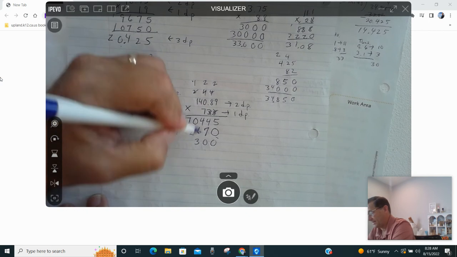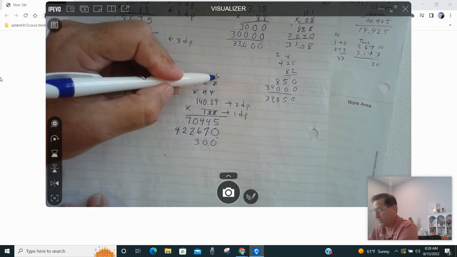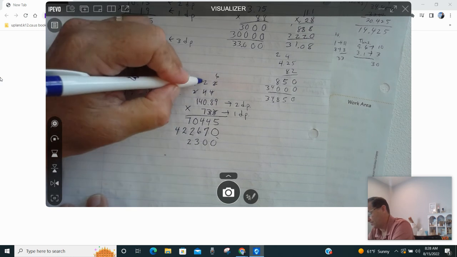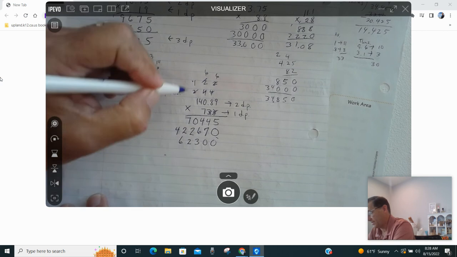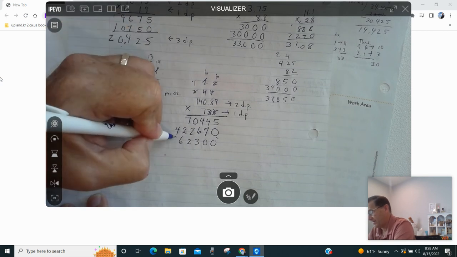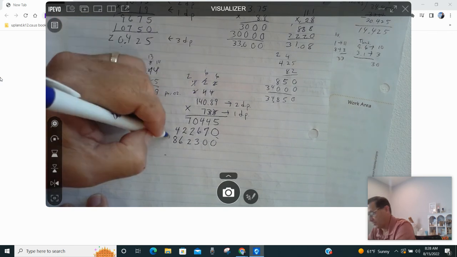7 times 9 is 63. 7 times 8 is 56, plus the 6 regrouped is 62. 7 times 0 is 0, plus the 6 regrouped, 6. 7 times 4 is 28. 7 times 1 is 7, plus the 2 regrouped, 9.